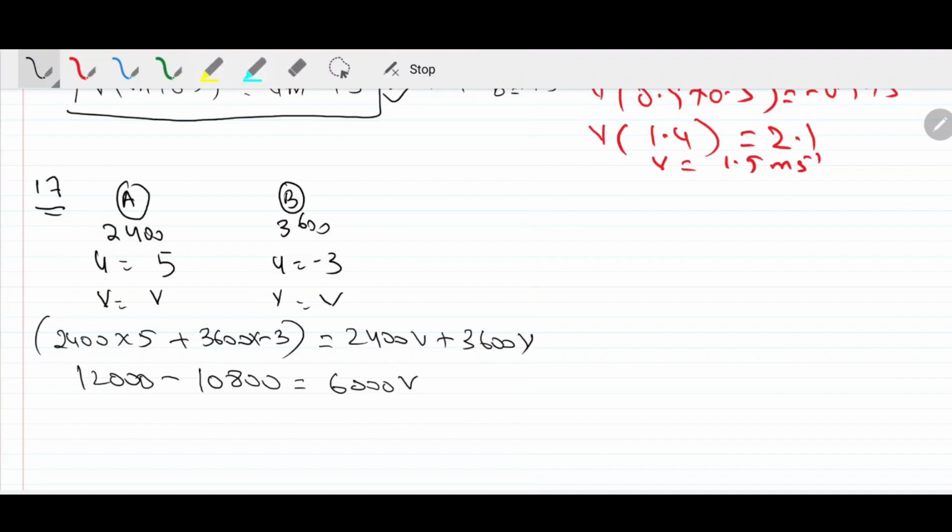So 12,000 minus 10800 is 1200 is 6000 v. V is positive. 1200 divided by 6000, that is 0.2. So it indicates that it is positive, which means that the direction of B has changed.